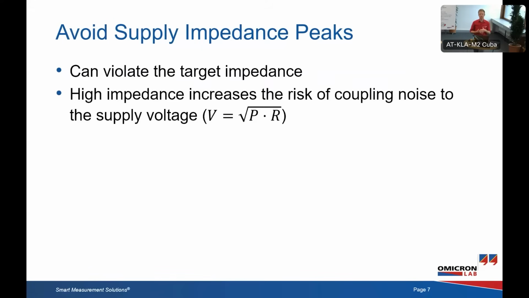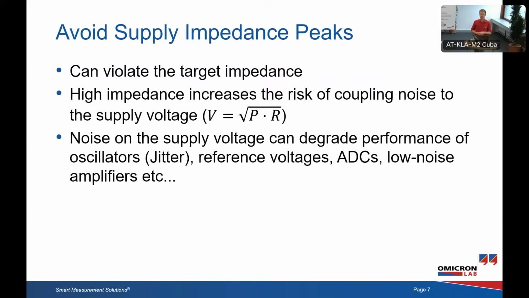If you assume a constant power noise source, then the voltage is the square root over power times resistance. So if resistance or impedance is higher, then the noise will be higher. This noise can then degrade the performance of parts of your circuits, like reference voltages and then ADCs or amplifiers and oscillators. It can cause jitter as well.